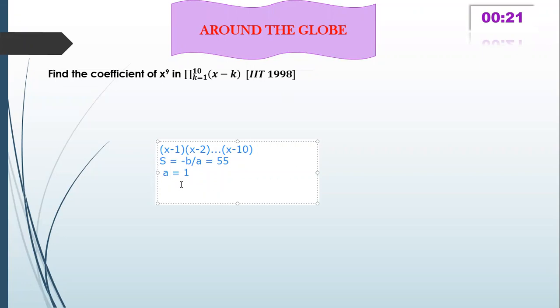This simply implies minus b by a is equal to 55. This means minus b is equal to 55, and this means b is equal to minus 55. So many of you wrote the answer as only 55, but that is wrong. You have to find the value of the coefficient of x to the power 9, that is minus 55 in this case. So not 55. I hope you understood.